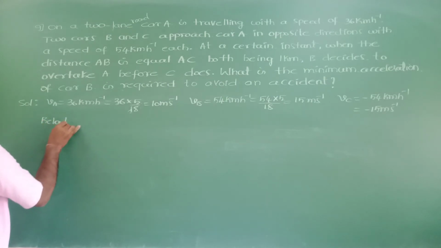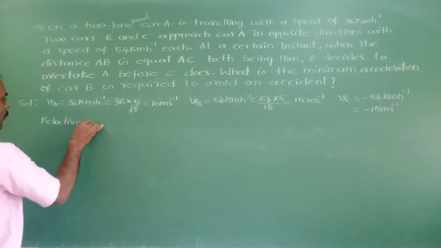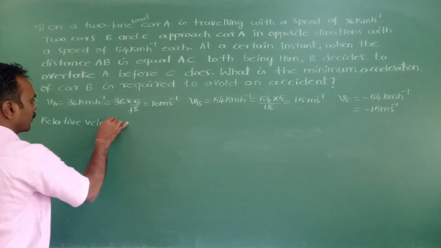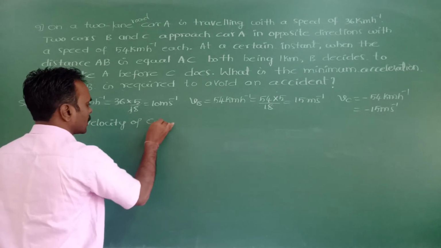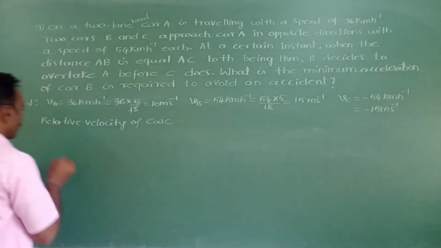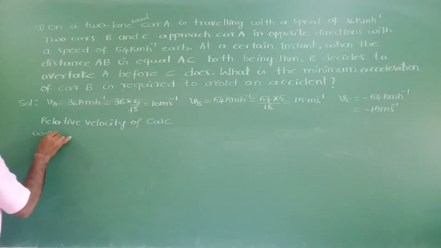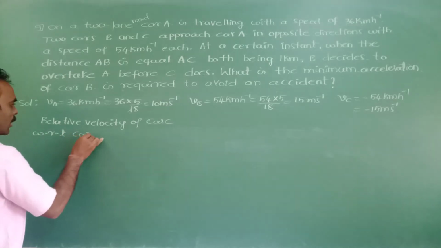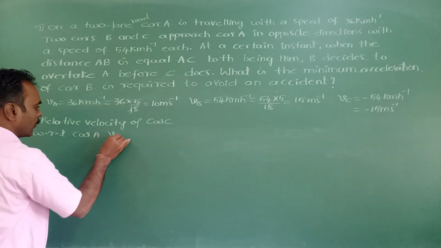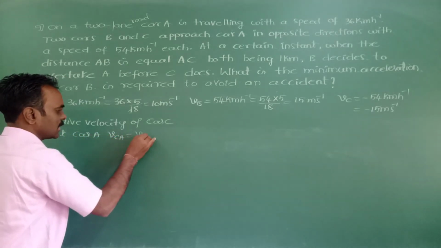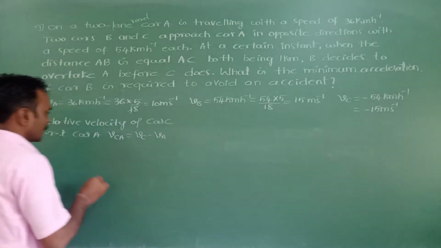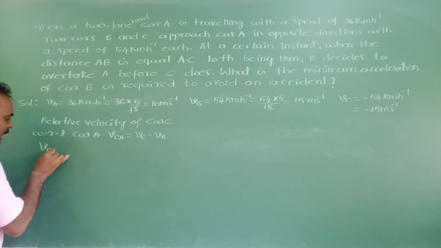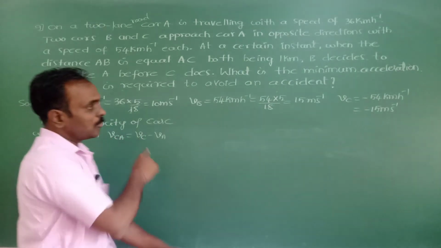Relative velocity of car C with respect to car A is VCA. It is given by VC minus VA. So then VCA is equal to, what is the VC value?